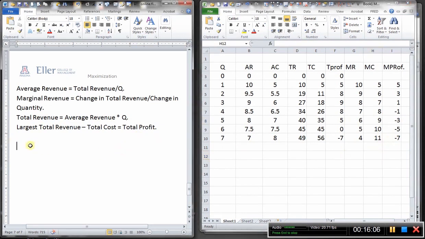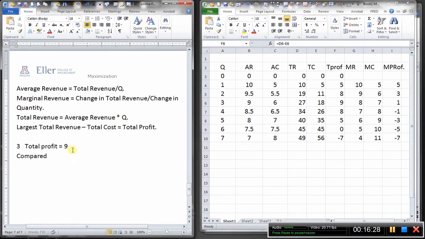This is looking more and more like a loser, and this is a common situation that pops up. Now, did we get the same answer as before? Well, remember, our first answer, the optimum was 3, and total profit was equal to 9. So we picked 3 because 9 was the biggest number of all the total profits. Now, did we make the same choice here?